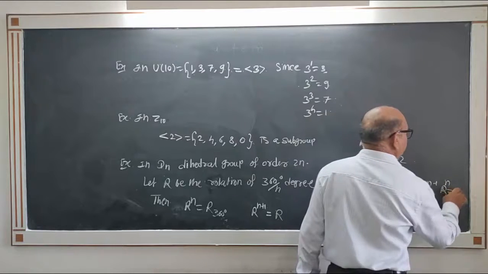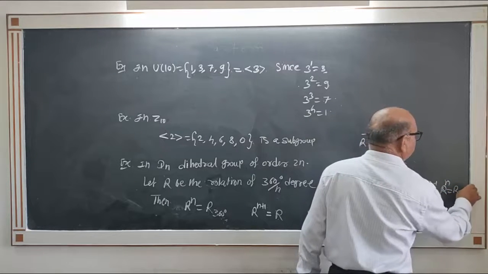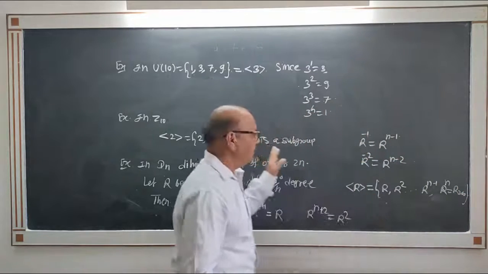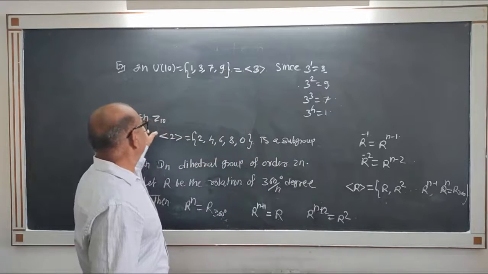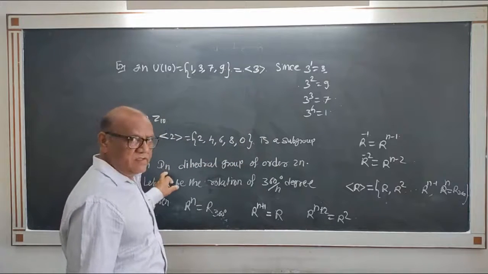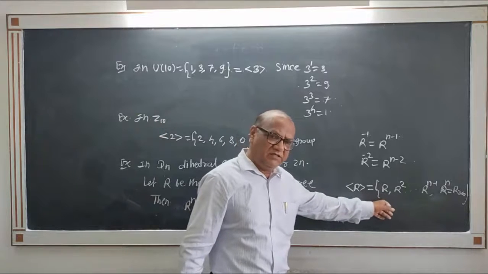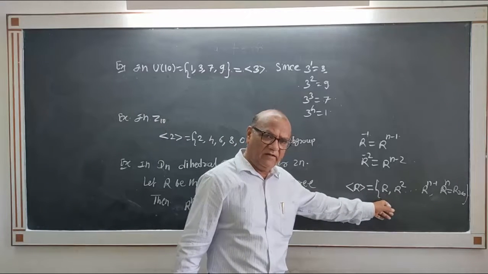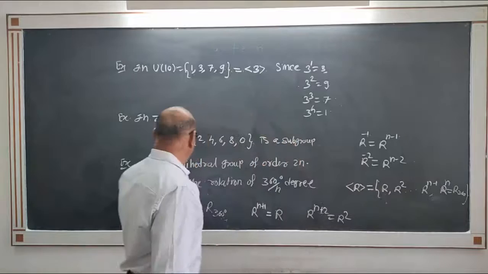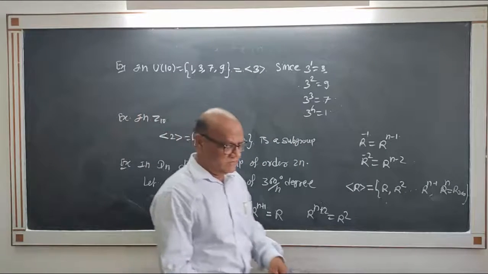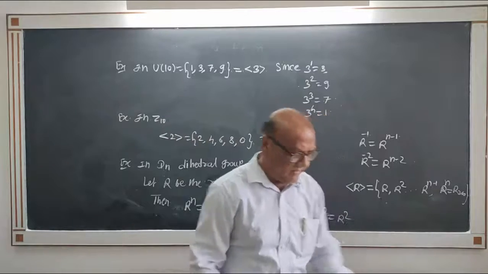This set is a subgroup of the dihedral group Dn, and the order of this subgroup is n. The order of the dihedral group is twice n.